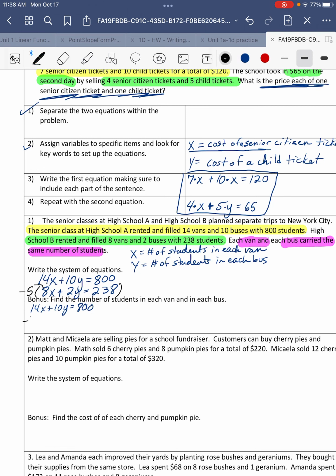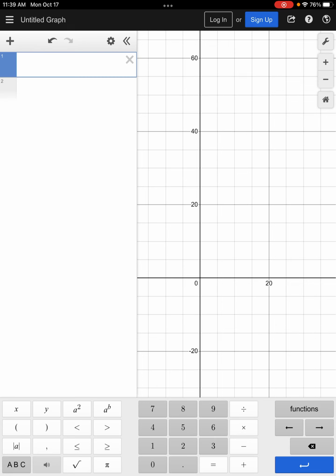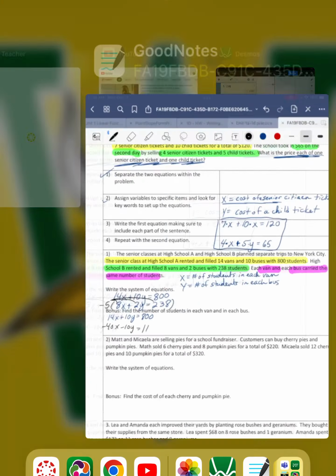And the bottom equation, when I multiply by -5, I get -40x minus 10y, so there are opposite coefficients on the y's, equals 5 times 238. Sorry, now I have to figure this out. 5 times 238, brain's not working today. 1,190, that's what I thought.